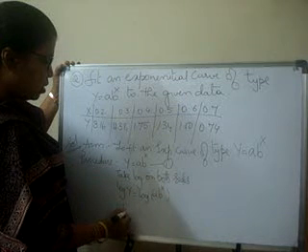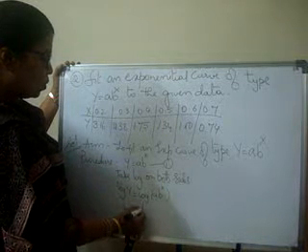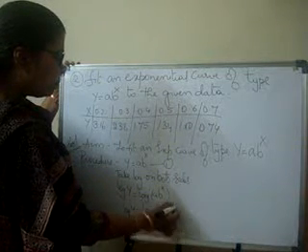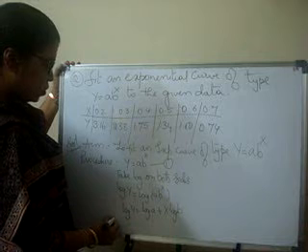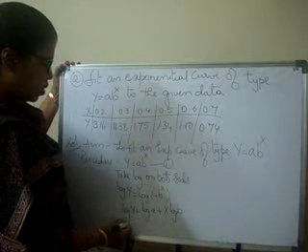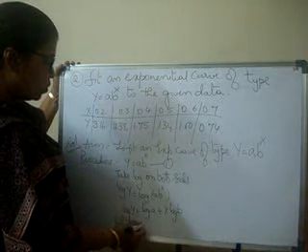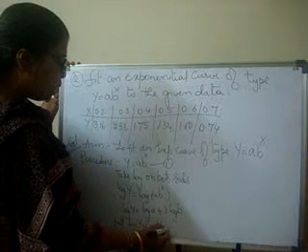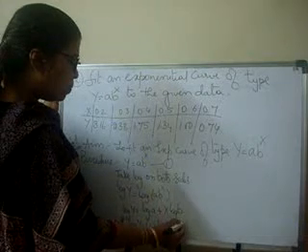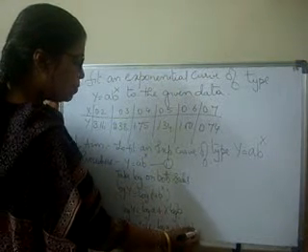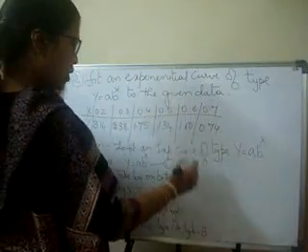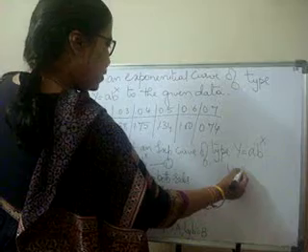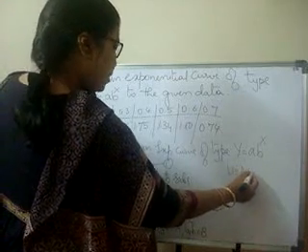Now that will be log y equals to log A plus x log B. Now put log y equals to u, log A is equals to capital A, and log B is equals to capital B. So the equation has reduced to u is equals to A plus xB.